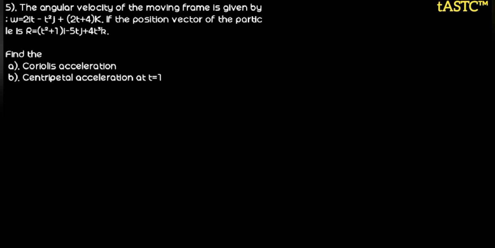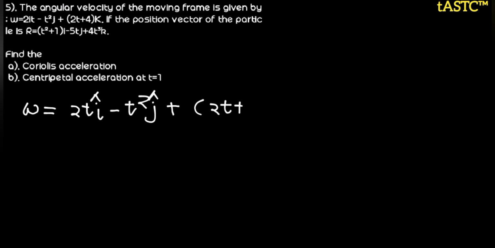Now first off, we got to write out the angular velocity. So that is equal to 2t i. Now bear in mind, i is the position vector, so I'm just going to write it that way. Okay, and you have minus t squared j, and plus 2t plus 4, and k there. And then we also have the position vector.